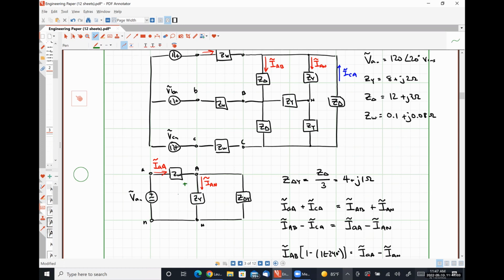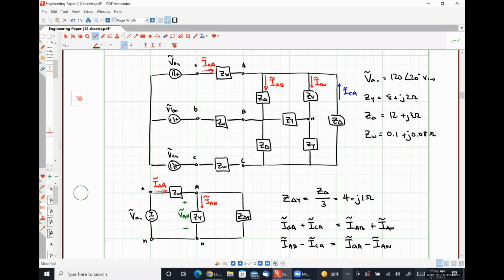If we found this voltage VAN, that's a phase voltage. Well, we know how to convert a phase voltage into a line voltage. So if we know VAN, we could potentially figure out what VAB is.